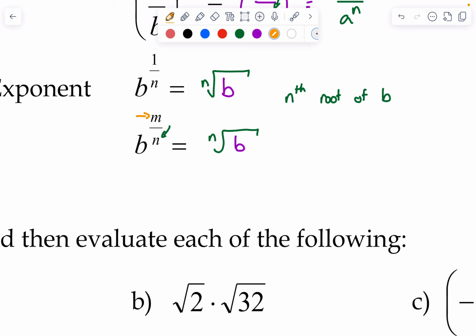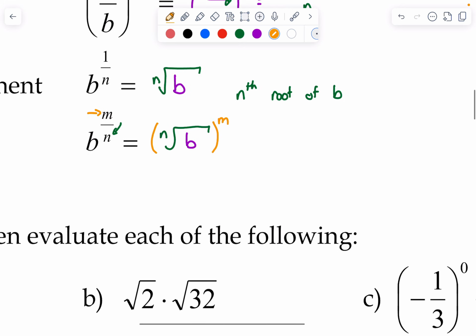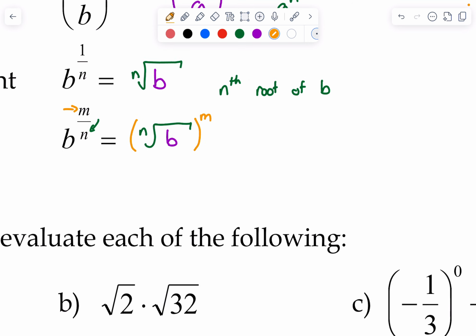What that tells us to do is take all of this and put it to the power of m. So it really doesn't matter what order you do things in, in the sense that you could evaluate the root first and then put it to the exponent, or you could do the exponent b to the power of m and then take the nth root. It does not matter what order you do them. Both are equivalent. Those mean the exact same thing.